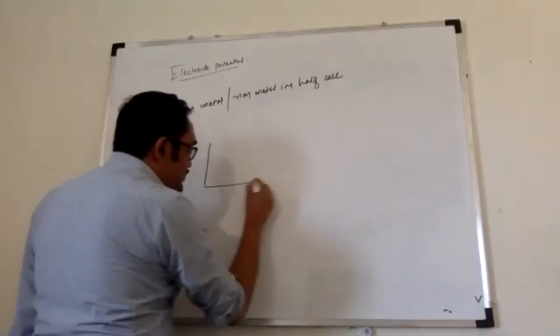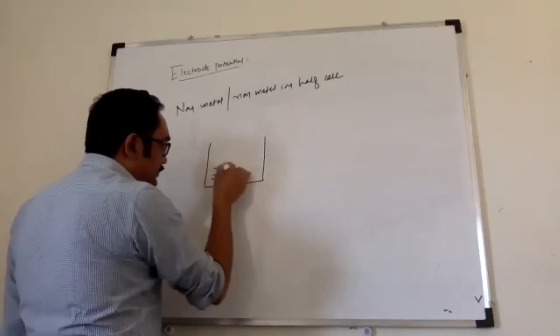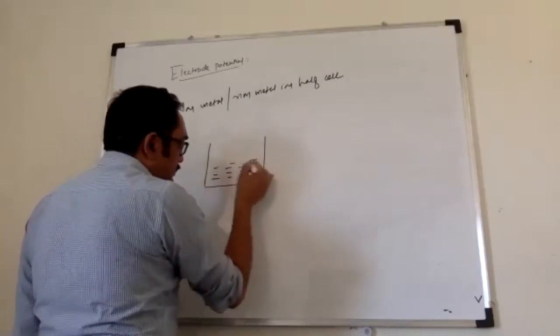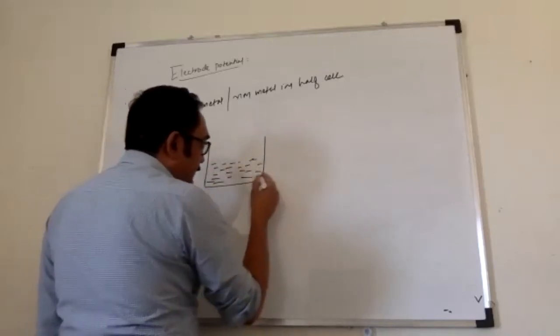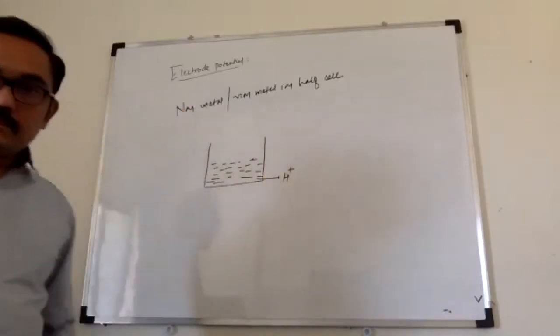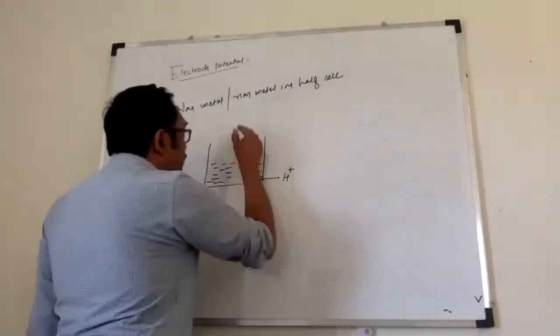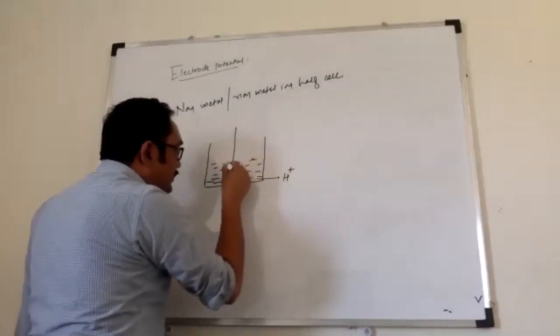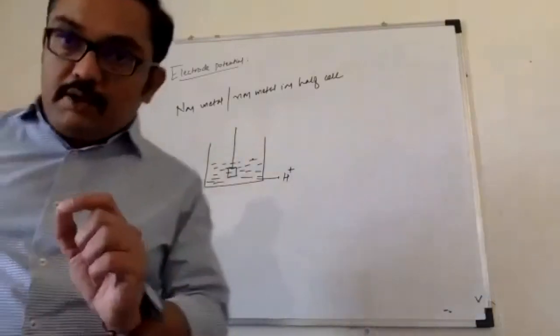See the construction I am drawing on the board. A solution containing H plus ion. The electrode in this system is usually not an active electrode.